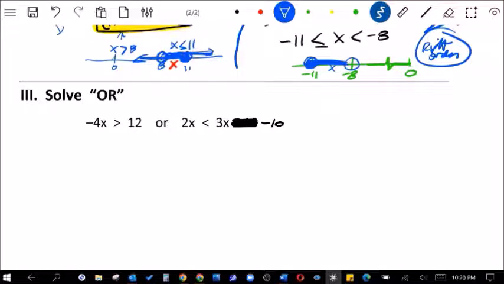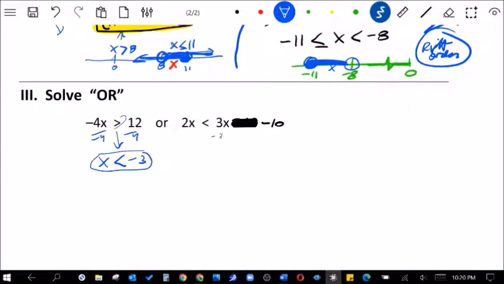Now let's solve an or one, where the results of the inequalities go in different directions with no overlap. So I'm going to divide by the negative 4. Doing so, x has to become less than negative 3, so the sign changed there. Notice if you have a paper for this and it has plus 10, it's been changed to minus 10.